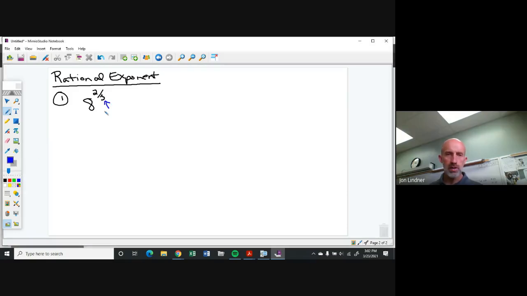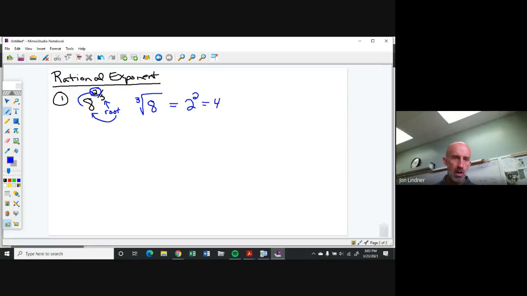This is your root. So what I do first is I find the cube root of this 8. We know that the cube root of 8 is 2. But then I keep going around my circle here. I need to raise this 2 to whatever power is right here. So this is 2 squared, which is 4.